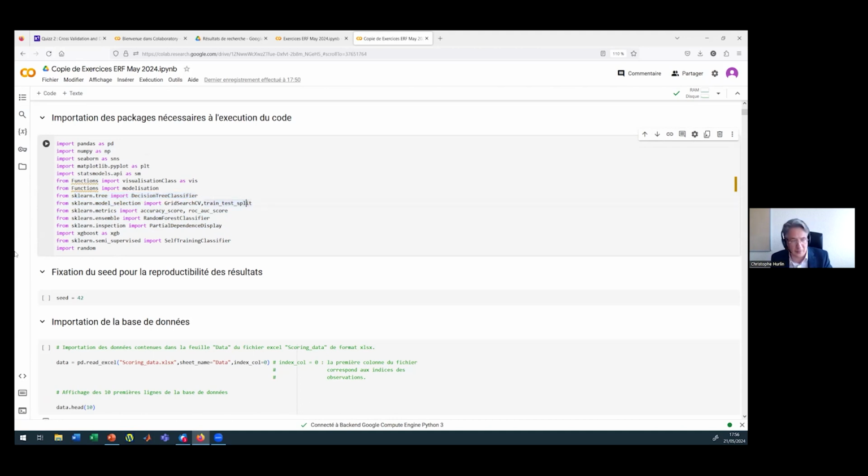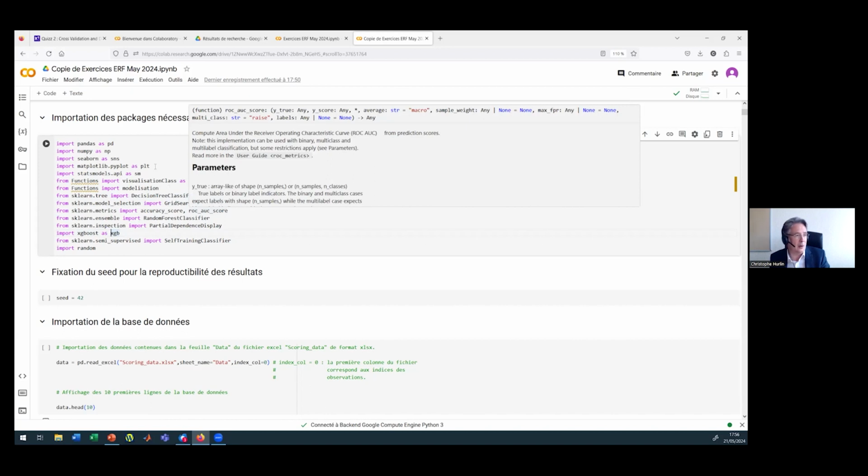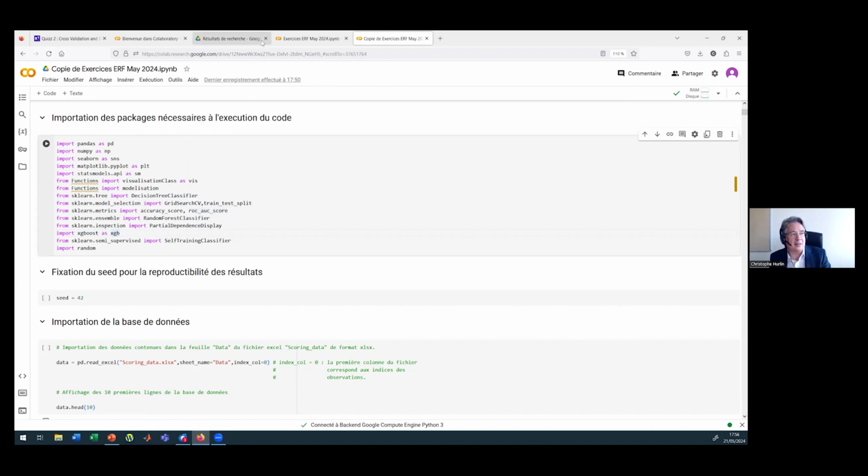I will import XGBoost, and I have renamed the XGBoost package as XGB to simplify the notation. Because, for instance, if I ask to run a particular function in XGBoost, I will say XGB point the name of the function, and then it will take the function from the XGBoost package.